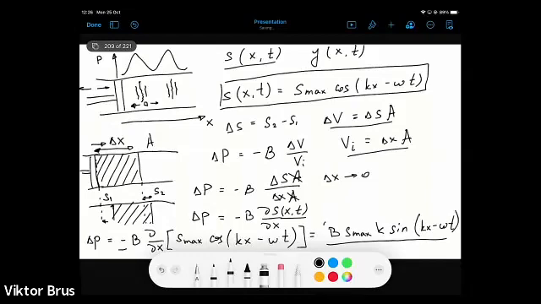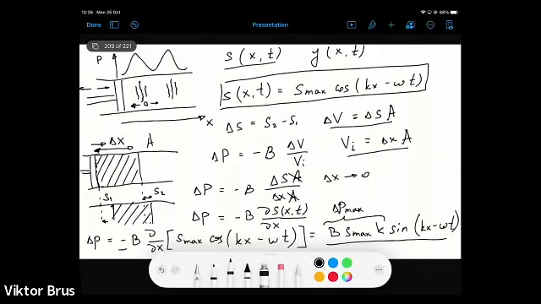This part stands for delta P maximum. And we will come back to this relationship between delta P maximum and B times S maximum times K, but that will be a bit later.